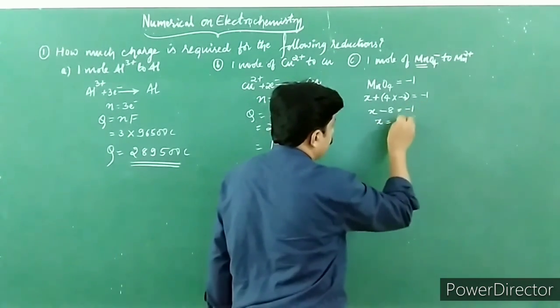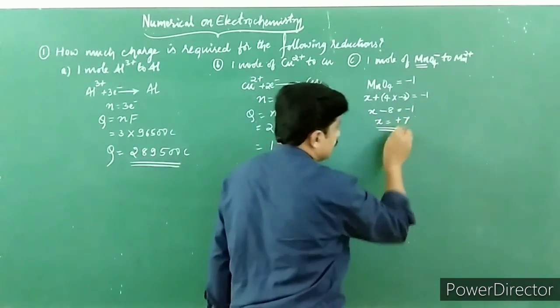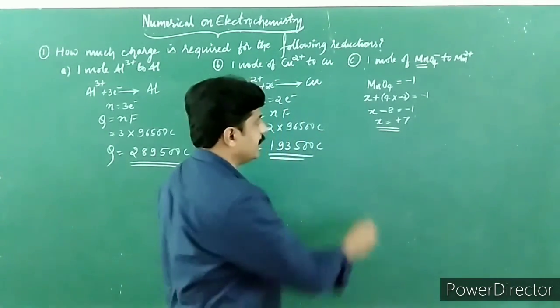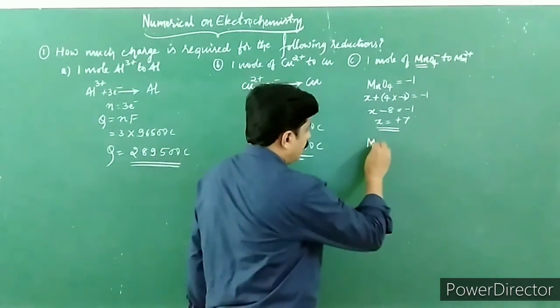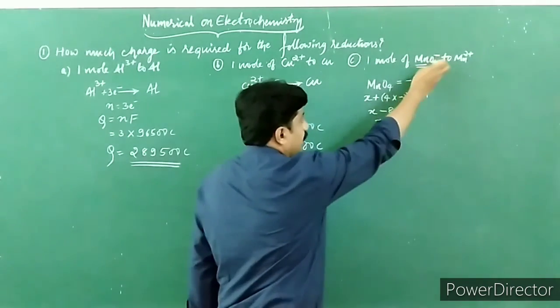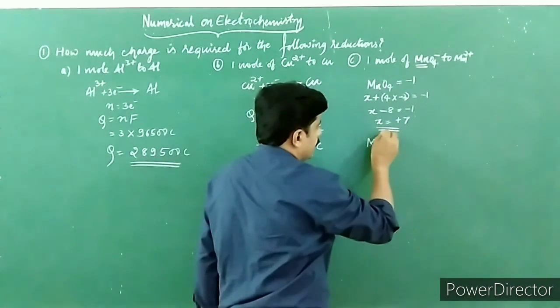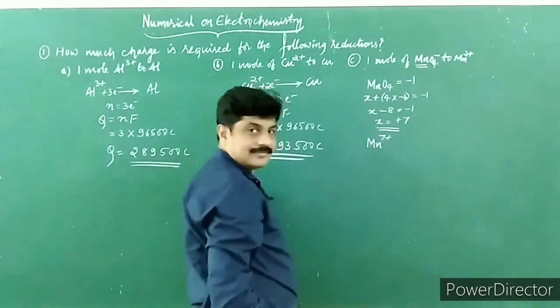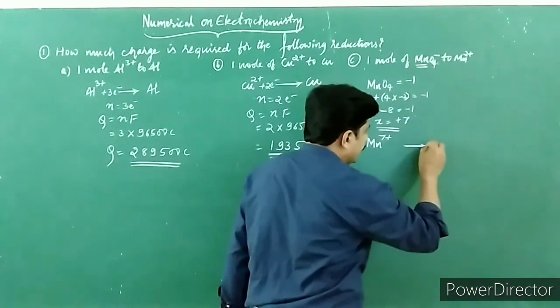So x is equal to +7. Hope you got it. Now look at here, the oxidation state of Mn in MnO4- is +7.